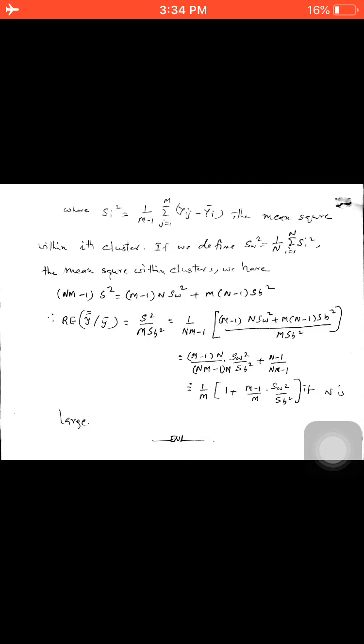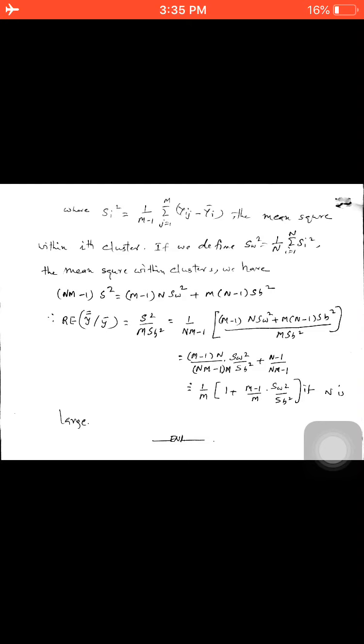So naturally we have to develop a theory for clusters with unequal sizes. In this theory, capital M is replaced by capital M_i, where capital M_i stands for the number of elementary units in the ith cluster.